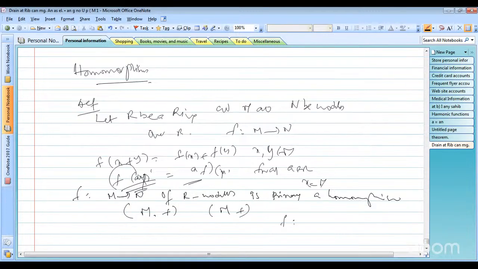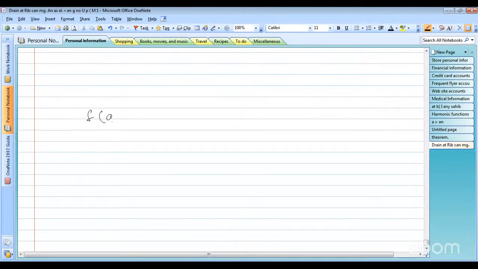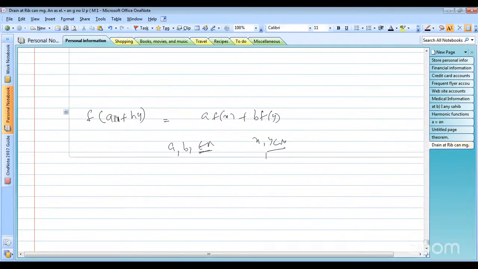You can easily check that f from M to N is a homomorphism if and only if f of ax plus by is equal to a f of x plus b f of y, for all a, b belonging to R and x, y belonging to M. This condition is satisfied, so it is an R module homomorphism. So this one is proved. Any doubts, ask me. I will clarify.